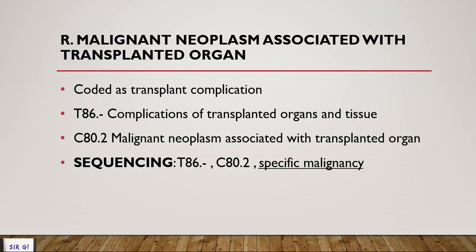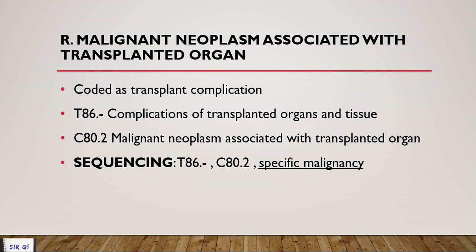Okay, the last one I think for your chapter 2, malignant neoplasm associated with transplanted organ. This is a very, very unfortunate situation where the patient received a transplanted organ, but that transplanted organ suffered neoplasm. For example, there is a transplant of the kidney and that transplanted kidney suffered neoplasm.